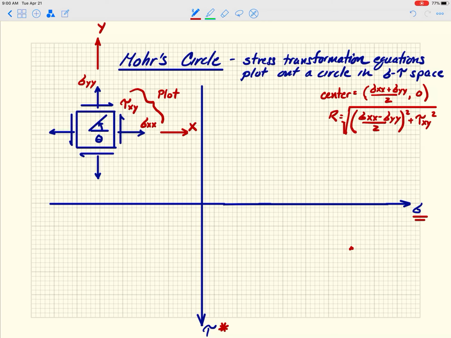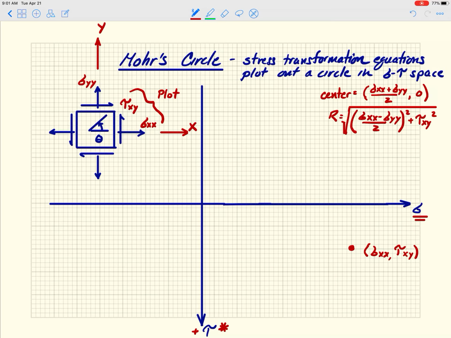So let me say that it's located somewhere here. Right. So this is sigma xx, and this is tau xy. Now notice that the tau xy is positive, and I'm plotting it below the sigma axis, the x-axis, and that's because tau is positive downward.